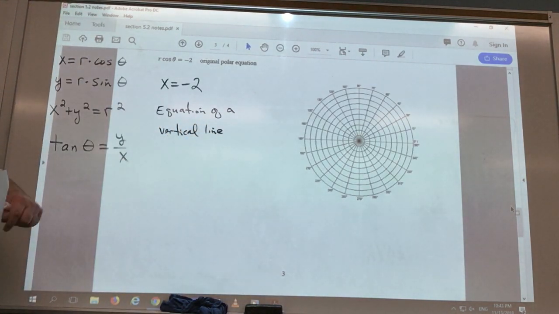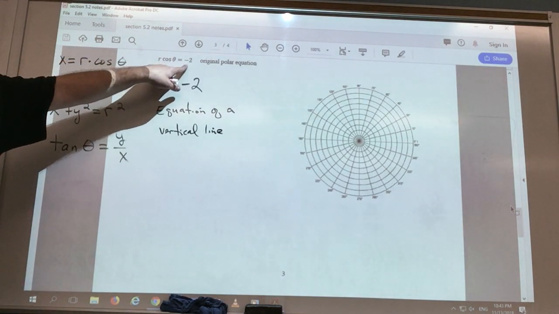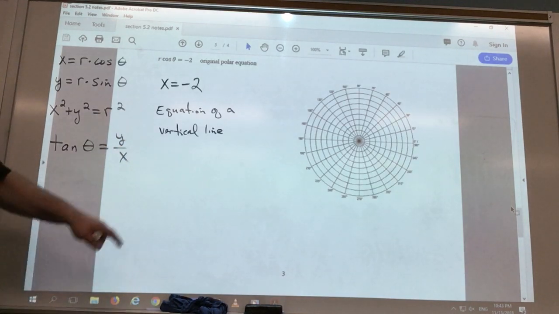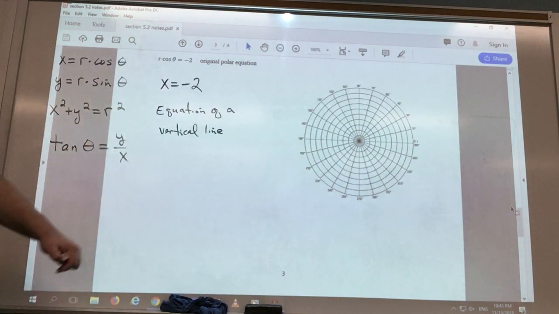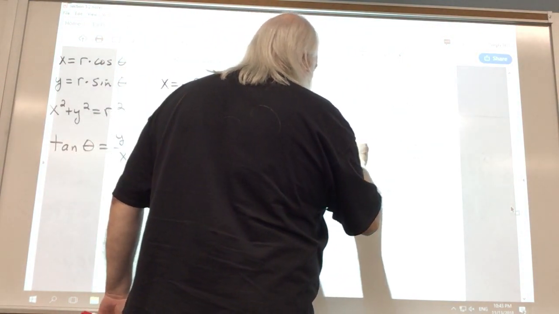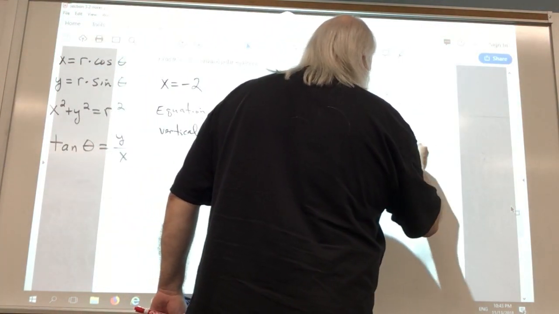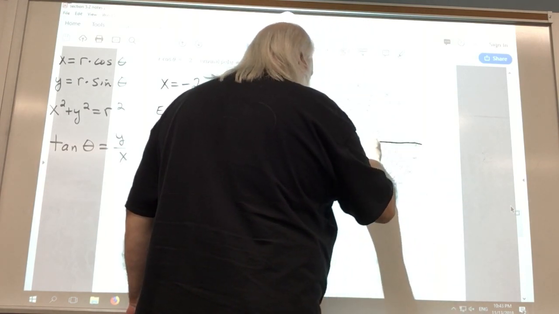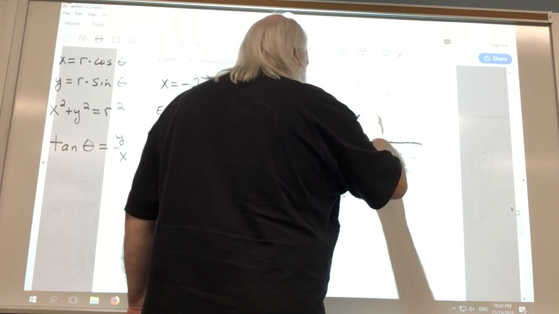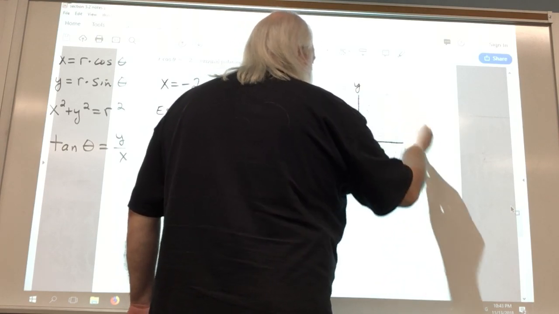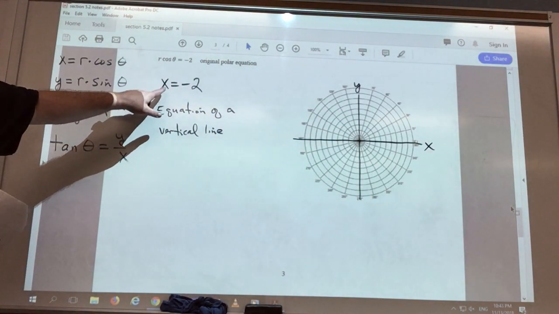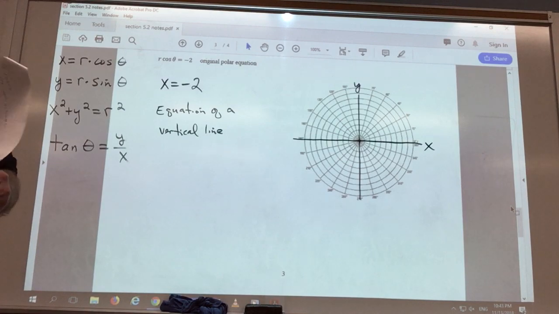And so to graph r cosine theta equals -2 in the polar grid, we're going to superimpose a coordinate plane on it and graph the vertical line x equals -2. And so the vertical line crosses the x-axis at -2.